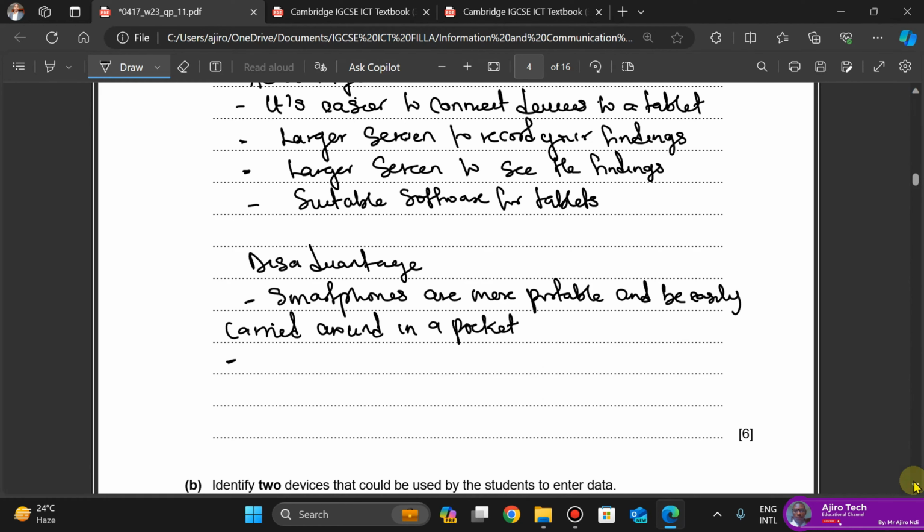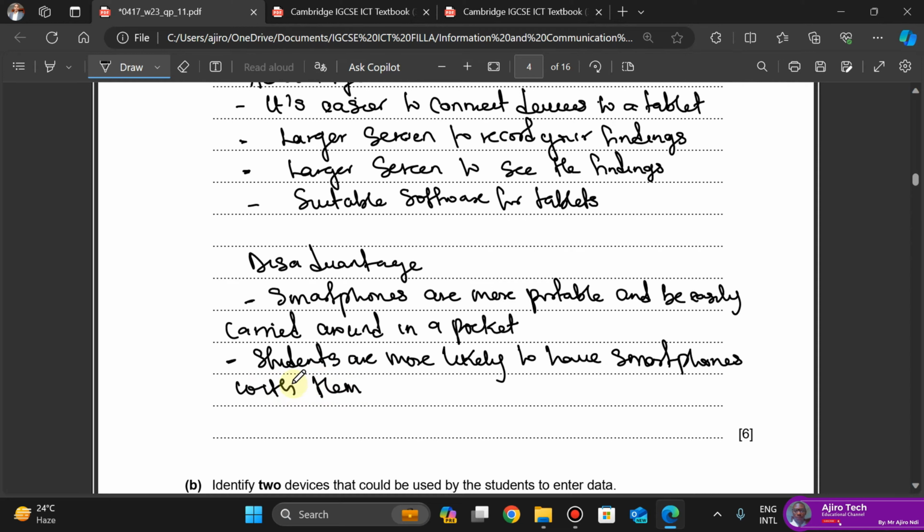So students are more likely to have smartphones with them.